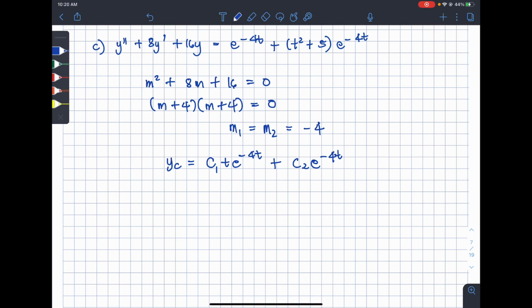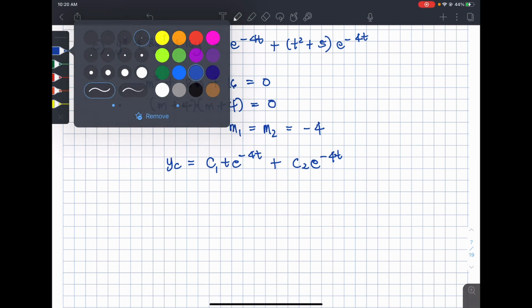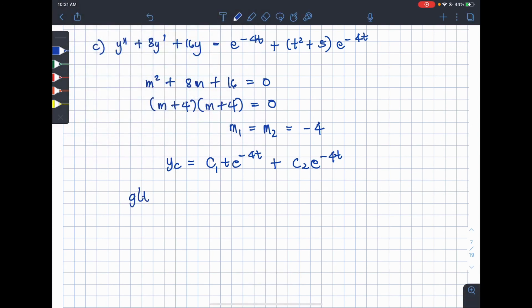This is case 2 on our homogeneous. That's our complementary solution. However, for our g of t, that is e raised to negative 4t times t squared plus 5, and then we have e raised to negative 4t.